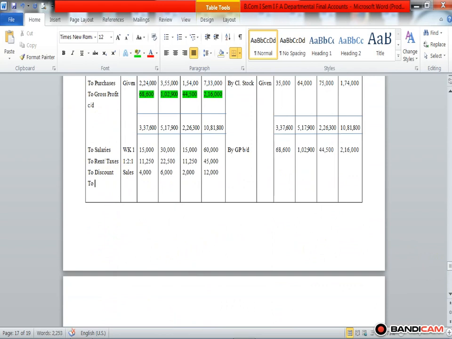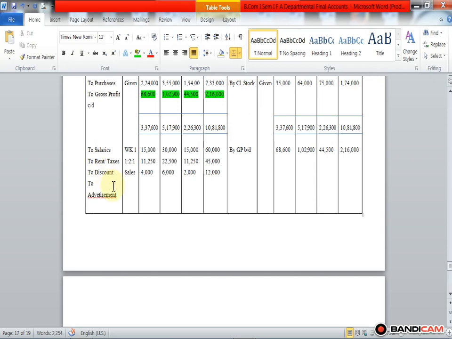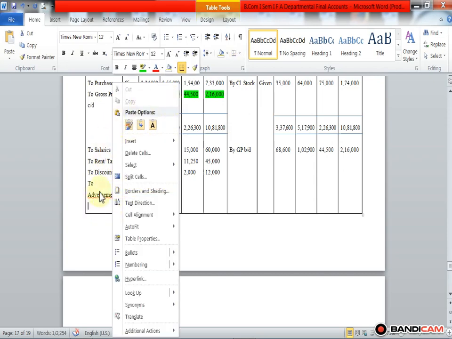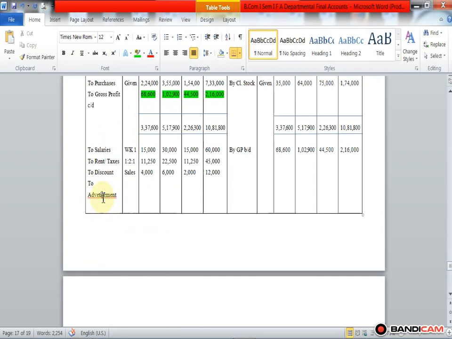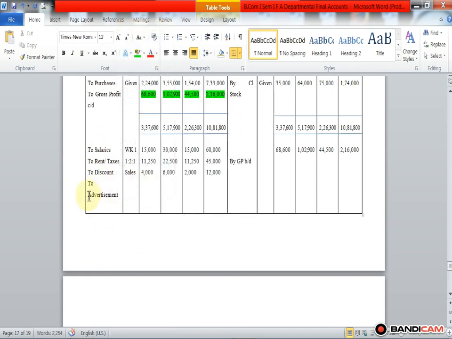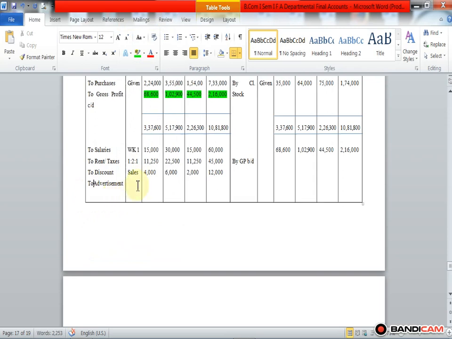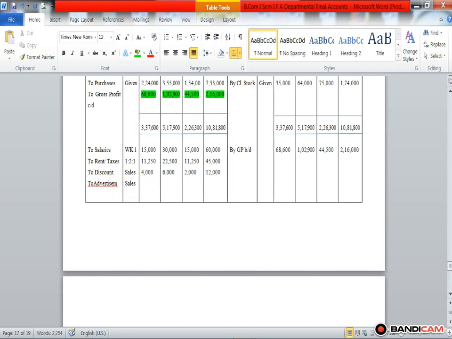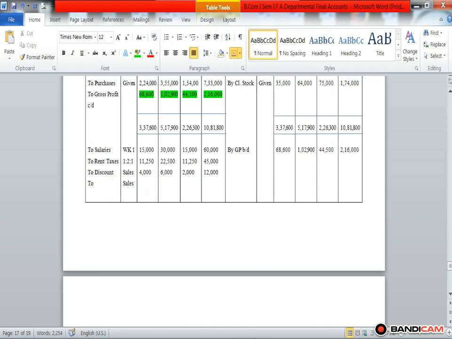Now to advertisement. Okay, to advertisement. So advertisement is distributed on the ratio of sales. Okay, so here we use a shortcut.